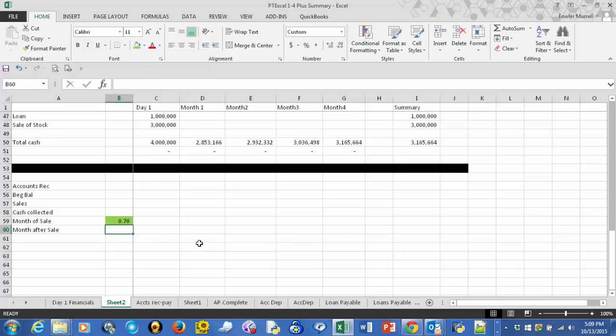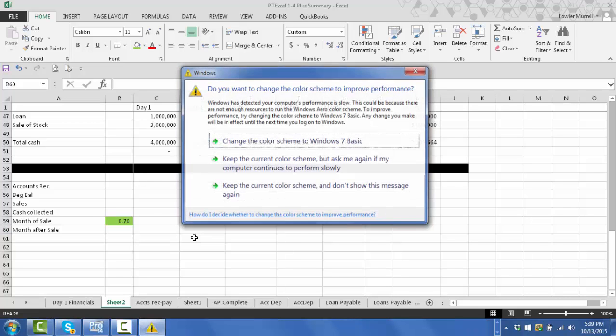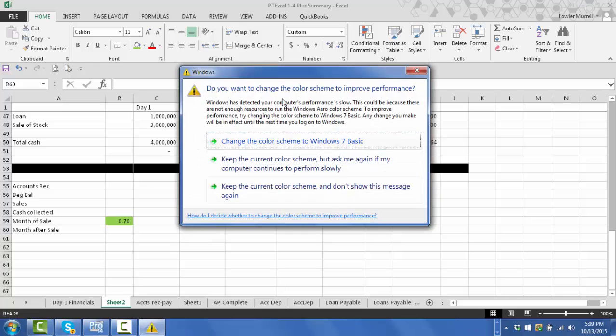And obviously, if all of our receivables get collected in 2 months, this other factor is 0.3. But we want to make sure that the total of this month and the second month never exceeds 100%. You can't collect more than 100% of what you're owed.